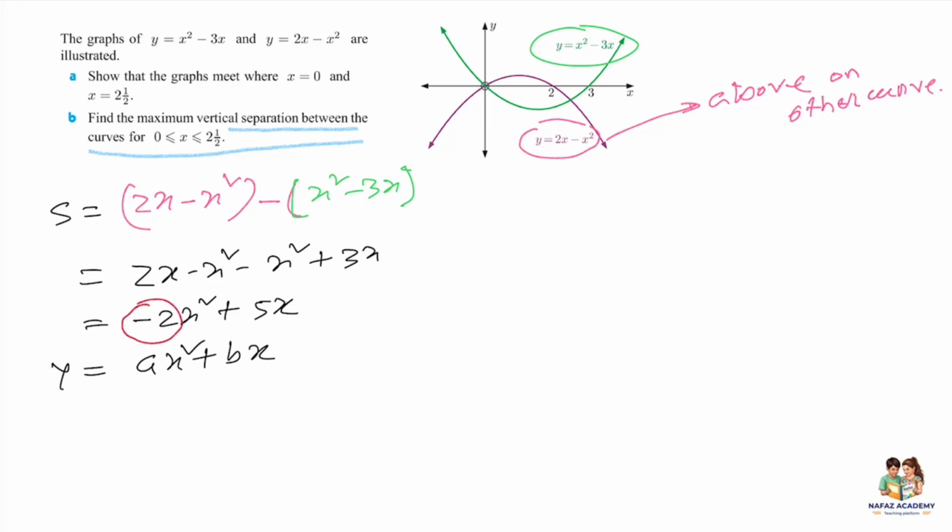So here is a quadratic format, y equals ax squared plus bx plus c. The a value is minus 2, which is less than 0, so the curve must be concave down.